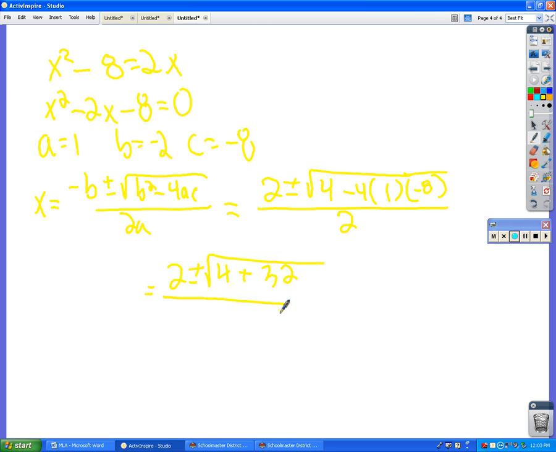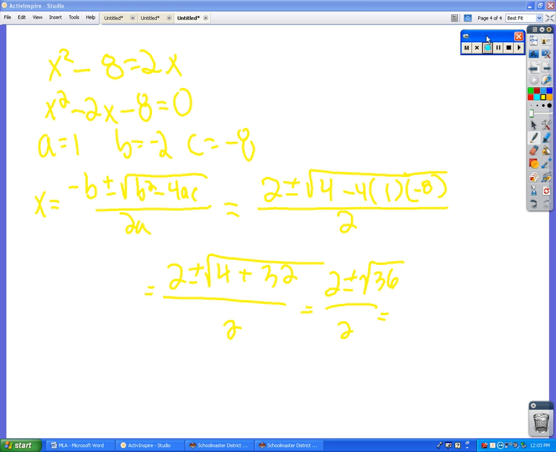And that's all over 2. Okay? So I'm still working on the square root. What is 4 plus 32? 36. So that's going to be square root of 36 over 2. But what is the square root of 36? 6. So this is 2 plus or minus 6 over 2.